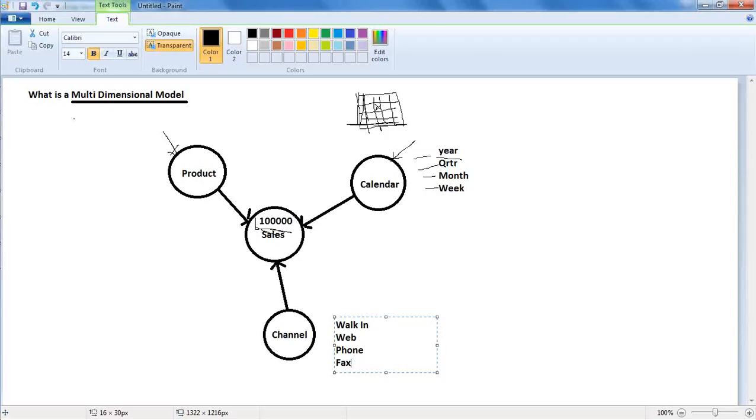Otherwise, if that sales has gone down, then my 100,000 is gone. So I need to make sure what exactly from the product perspective. What precautions and what steps do I need to take, improve or implement to increase my sales from the perspective of the product?